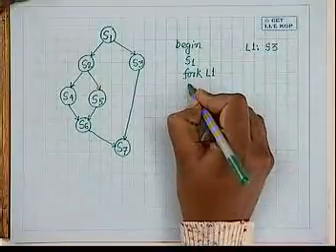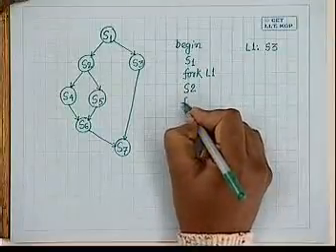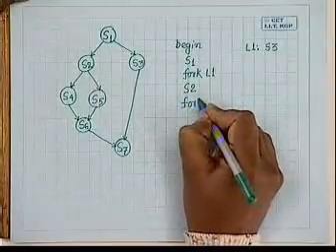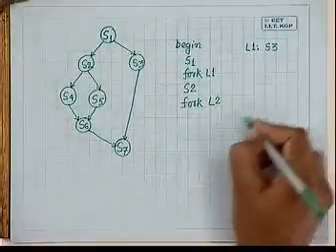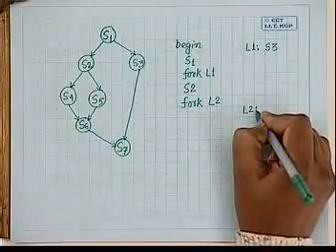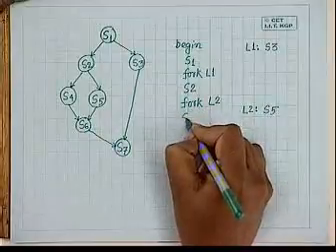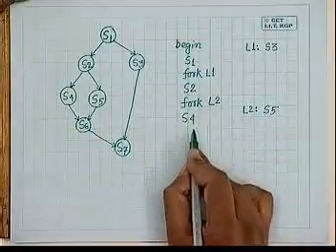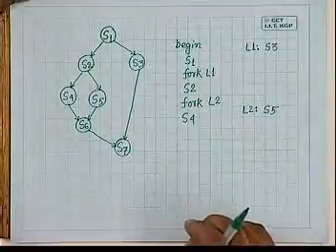Then I have S2. Then I have fork L2. So at L2, I'll have statement, say, S5. Here I have S4. Now after completion of S4 and S5, two processes are to be joined.